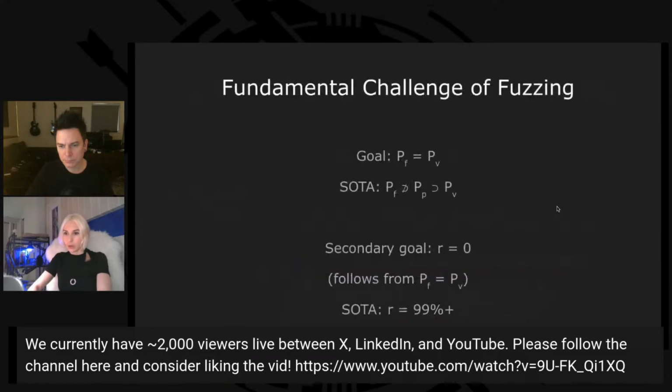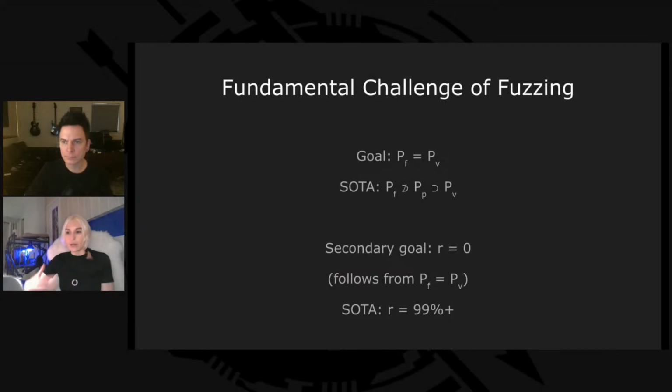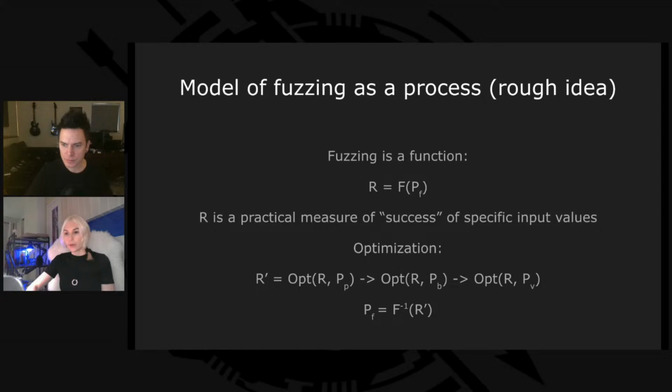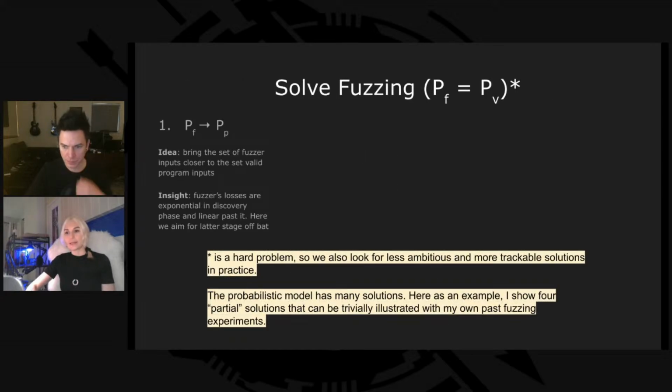So the meaning of the model that I show here is to guide fuzzing improvements, to guide our thinking, and eventually to guide development of new techniques, be it on the low level or on the high level. On the high level, there are different ways we can use this model to make fuzzing better.